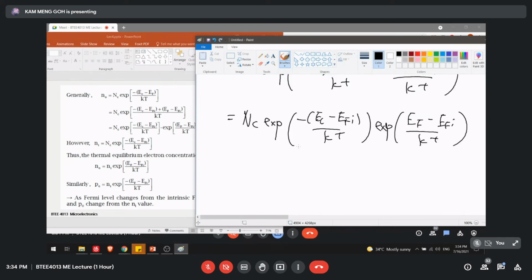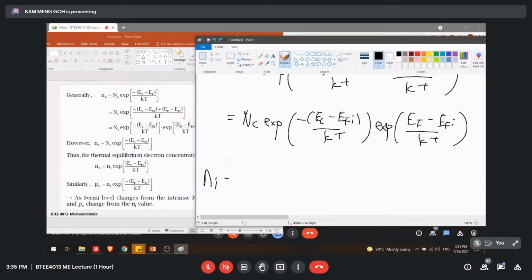We know that Ni will be equal to NO will be equal to PO also, so we can assume that this part will be equal to Ni.